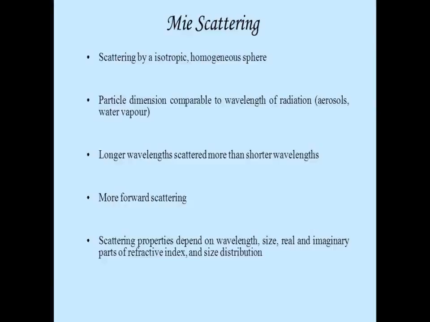Mie scattering is caused by pollen, dust, smoke, water droplets and other particles in the lower portion of the atmosphere. Mie scattering is responsible for the white appearance of the clouds. When white light falls on a water drop, all the colors are equally scattered, which together form white light.